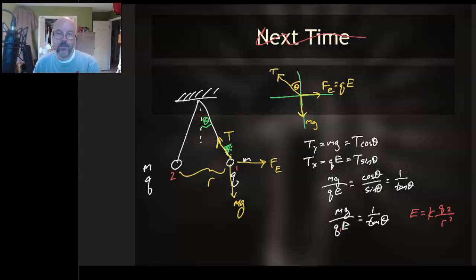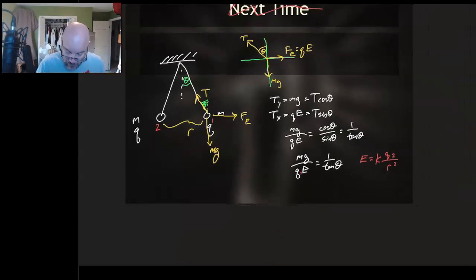Yeah, let's assume the masses are the same and the charges are the same, or the algebra is going to get really nasty on us. So we'll assume that's the same. If we put that expression in for our electric field, what's going to happen? It's going to get a little complicated first. We're going to have Q, but now my electric field is K Q over R squared.